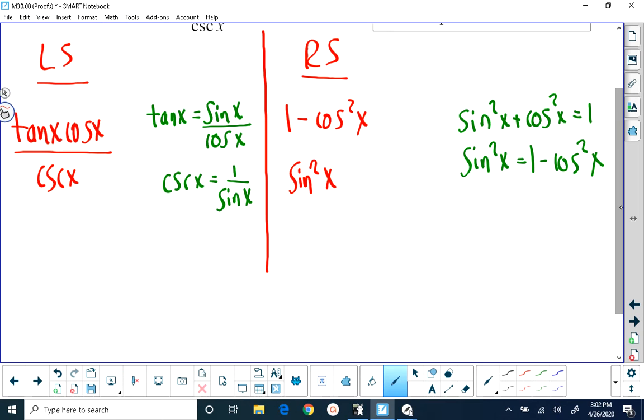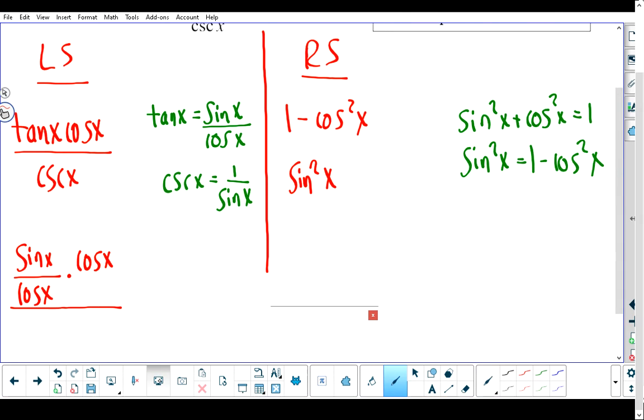I have tan of x times cos of x, so that's sine of x over cosine of x, that's my tan of x, multiplied by the cosine of x that's also on the top, and then it's divided by 1 over sine of x.